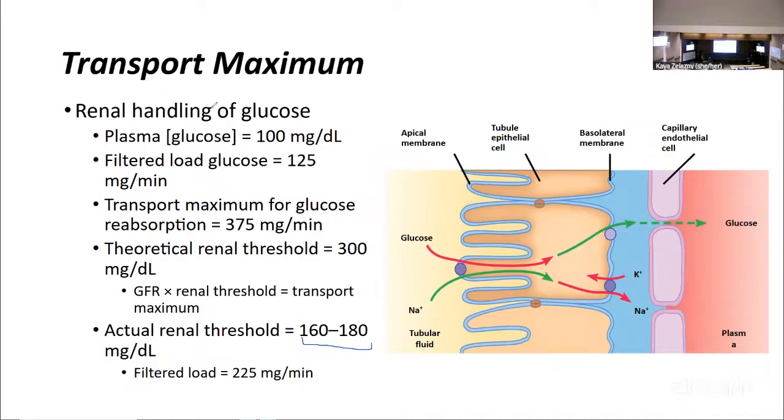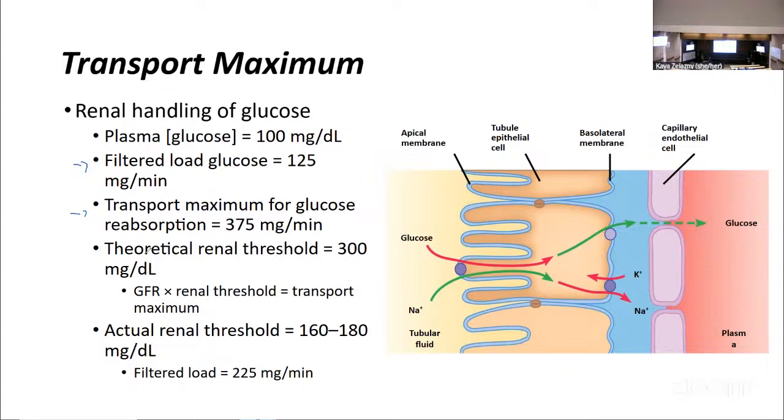And if you took that and did the same calculation for filtered load that we do up top, that would mean about 225 milligrams per minute of glucose starting out in the nephron. Okay. So when we are thinking about these numbers, filtered load is our amount of glucose that is in the nephron. Our transport maximum is the amount of glucose we can move here per minute.